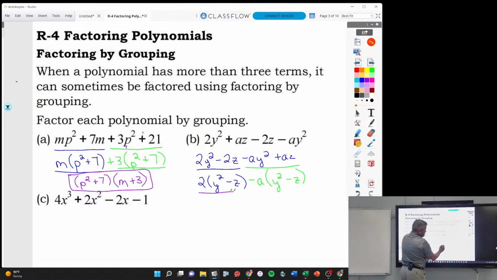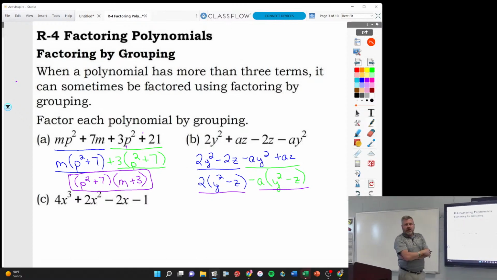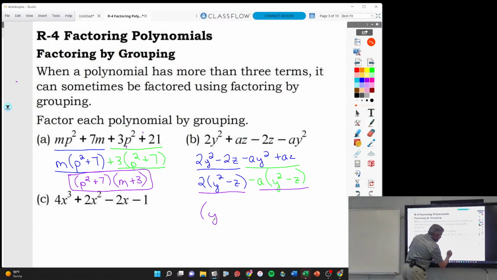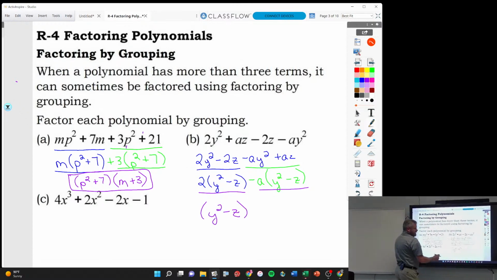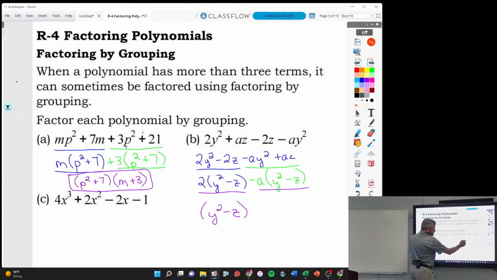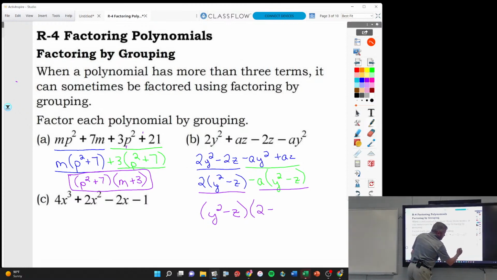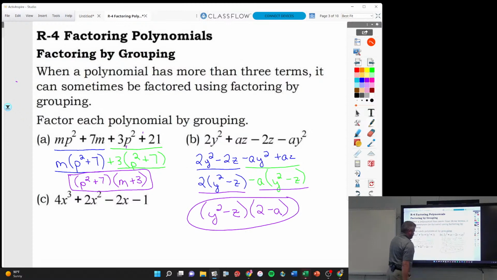I now have two terms. Both of those terms have something in common. I can factor a y squared minus z out of both of those terms. And if you visually think about it, and we're canceling, if you will, that y squared minus z, leaving behind a 2 minus a. And that is now factored.